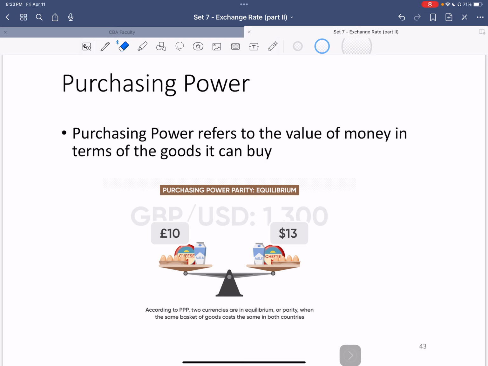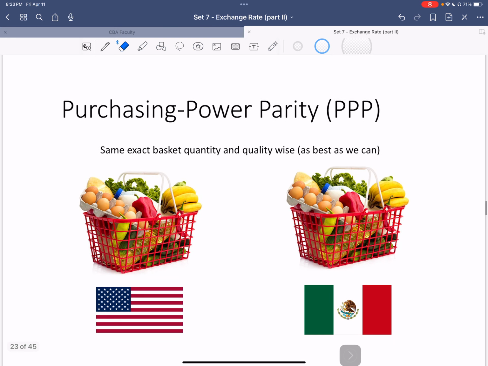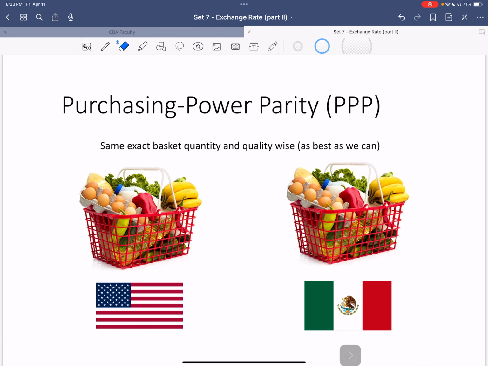If I exchange that $1 into pesos, I can buy the same apple with the same quality in Mexico as well, or in Europe as well, or in Japan as well, the same apple with the same quality and same quantity. This is called purchasing power parity.